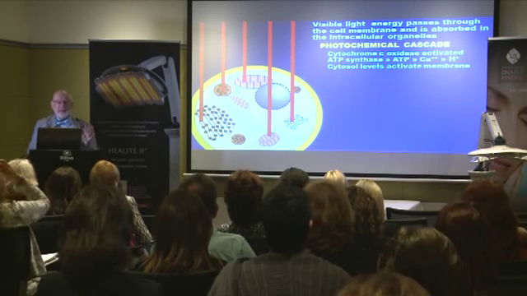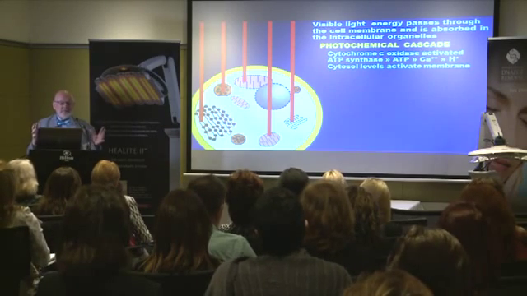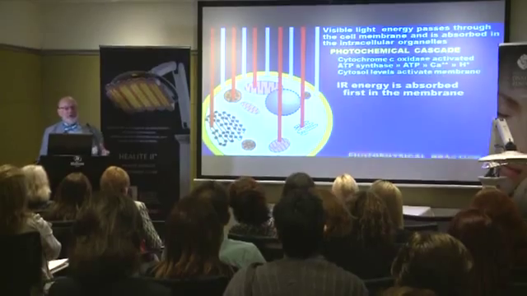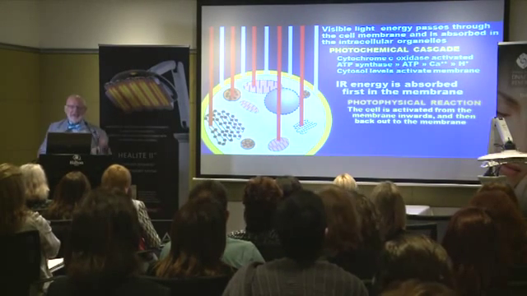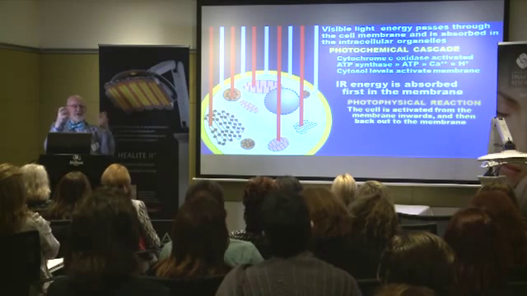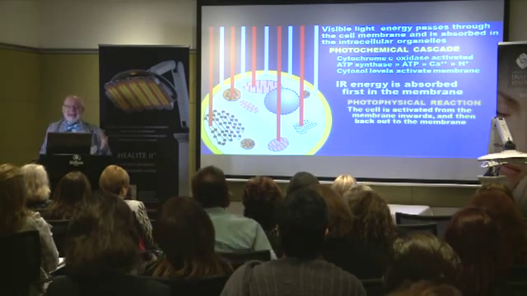And these levels in the cytosol, the cytoplasm, activate the cell membrane. So you start to get intra and extracellular exchange. The cell is photoactivated. On the other hand, infrared light stops at the membrane, and it's a photophysical reaction. It literally shakes the molecules in the membrane so that the membrane gets activated first.